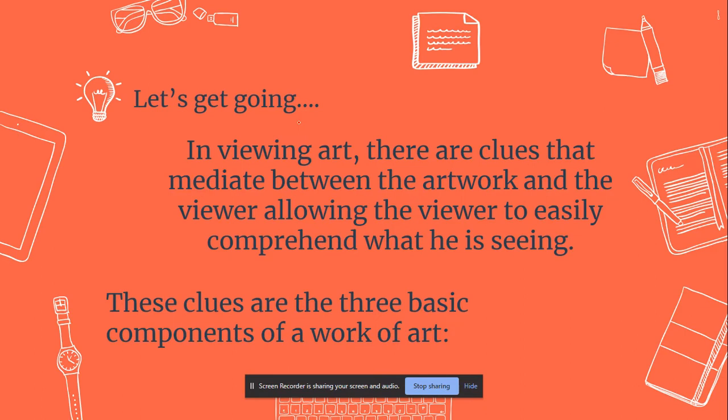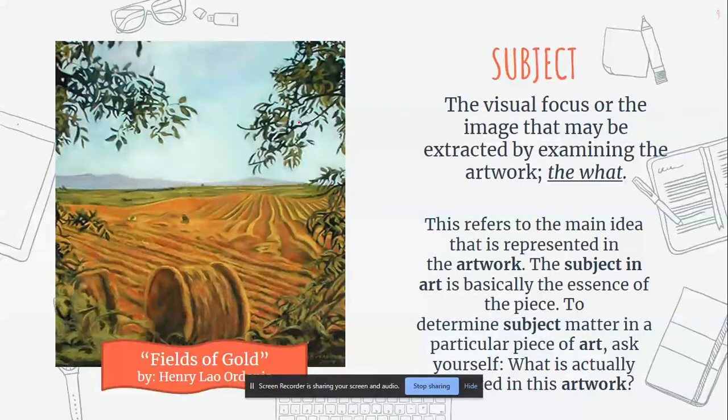Let's see these clues. First, we have the subject. Remember? Subject is the visual focus of or the image that may be extracted by examining the artwork.